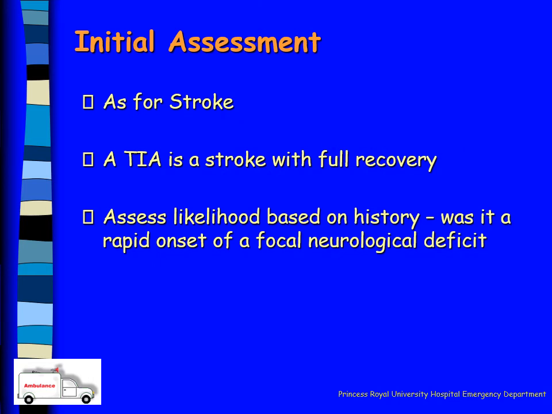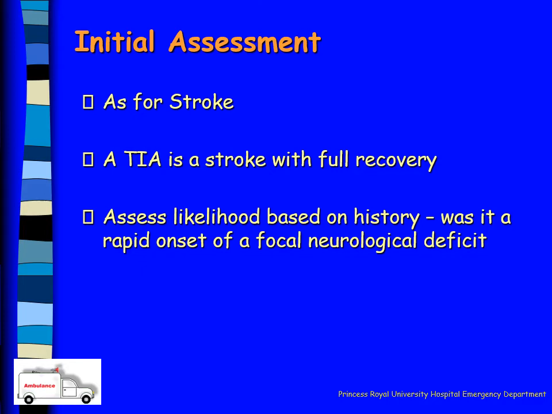So TIAs, transient ischemic attacks. The initial assessment is very similar to a stroke, of course, and the diagnosis of it is essentially a stroke that has full recovery in less than 24 hours. Of course, you're only going to know that if the symptoms have already resolved in the department. If anyone has any persistent symptoms, then they need to be assumed to be having an acute stroke.